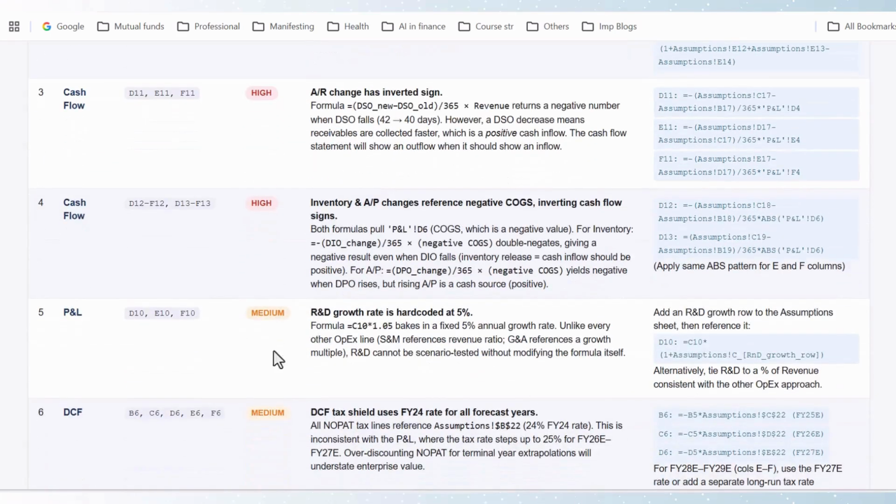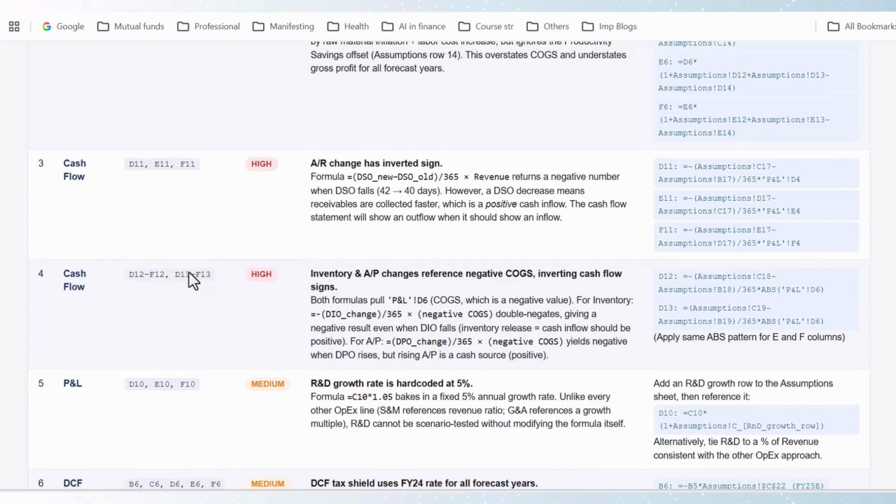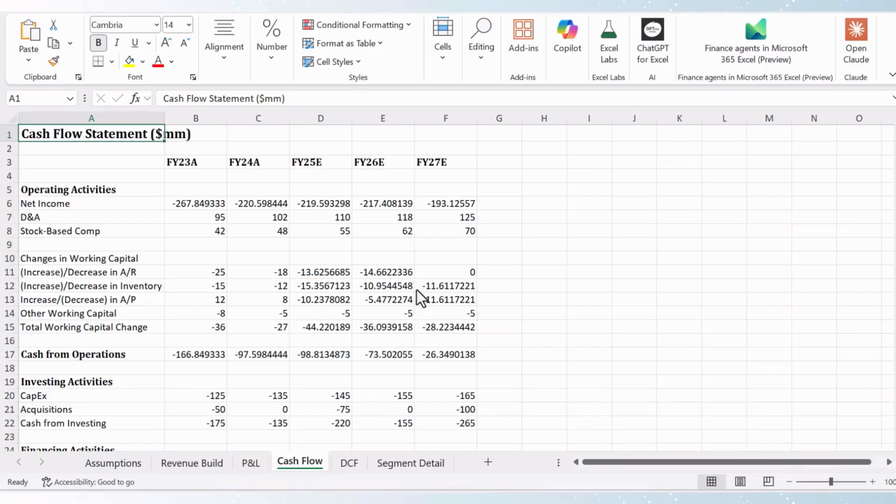Okay, moving on to the cash flow. It is saying AR changes has inverted sign. Okay, so I think this is a very common problem while incorporating the working capital changes. Sometimes we do get confused between how to treat current assets and current liabilities changes in terms of increase and decrease.